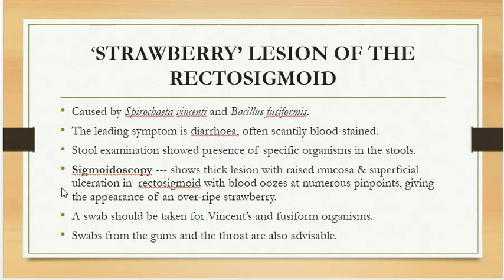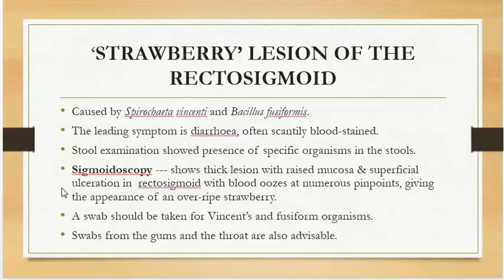Another condition of the rectum, a proctitis, is the strawberry lesion of the rectosigmoid. This is caused by Vincent's organism and Bacillus fusiformis, leading to the strawberry lesion of the rectosigmoid.